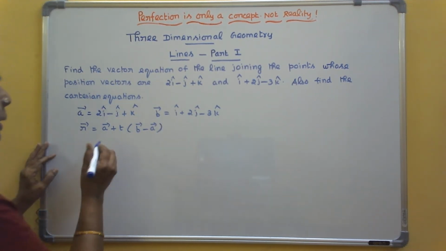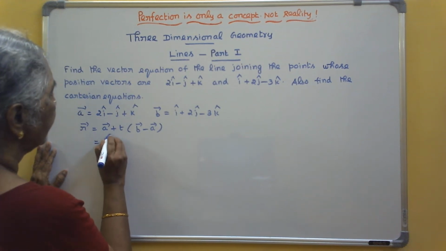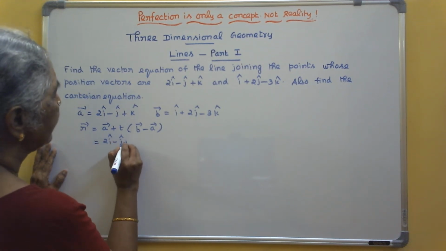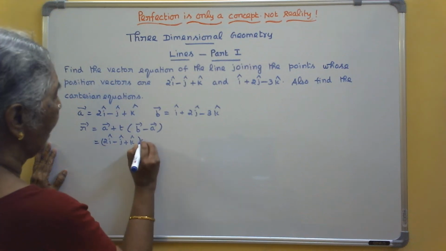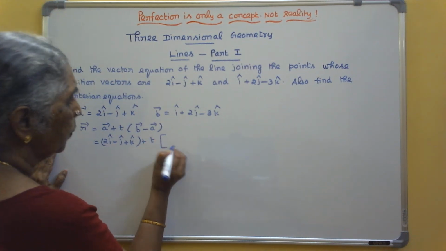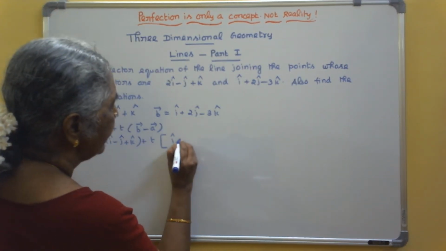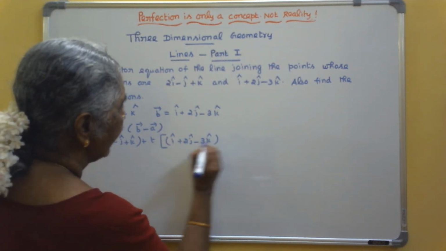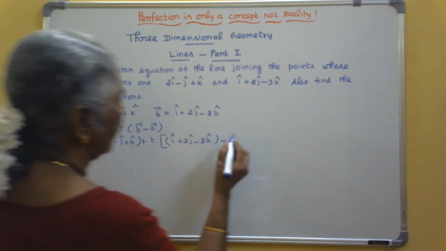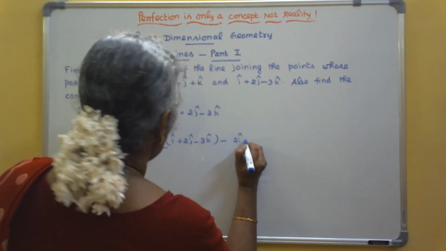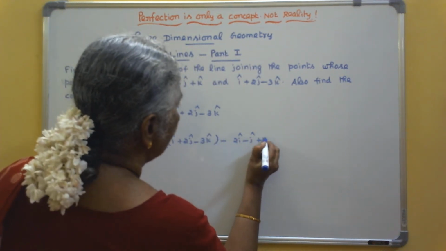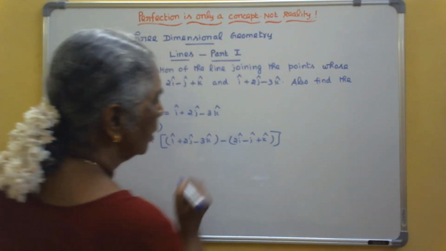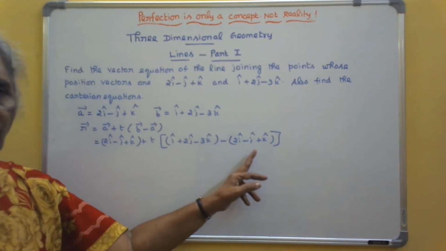So now we will be getting 2i cap minus j cap plus k cap plus t into (i cap plus 2j cap minus 3k cap minus 2i cap minus j cap plus k cap). You can simplify this, isn't it?